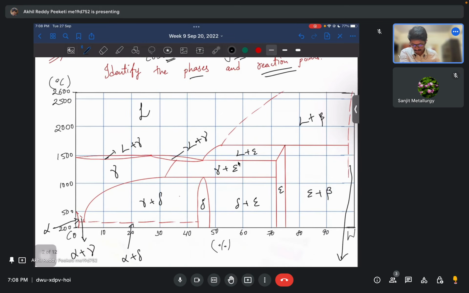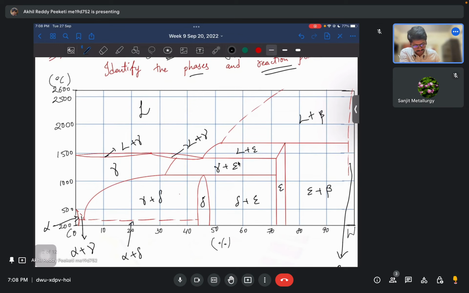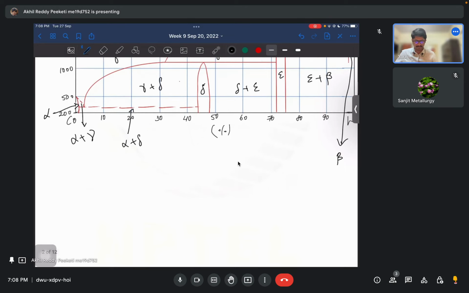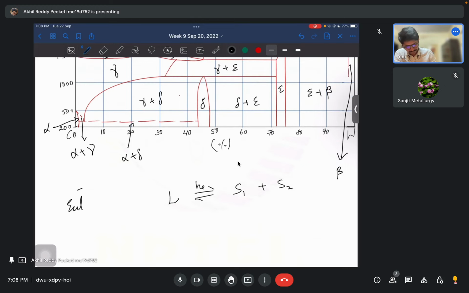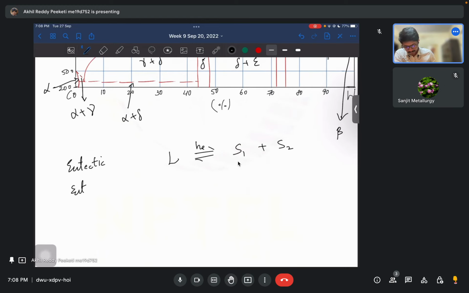Okay. So first let's look at this point. So here we have liquid plus solid converting to a single solid. So what would be that type of reaction? So in general the main reactions are: if we have liquid upon cooling converting to two types of solids, then we have eutectic, and eutectoid would be solid converting to two types of solids.